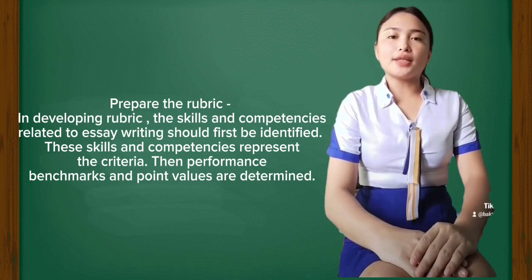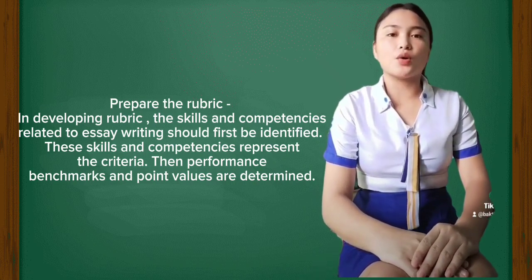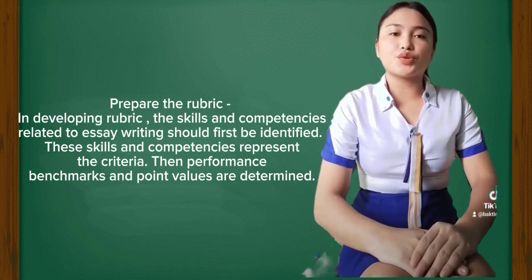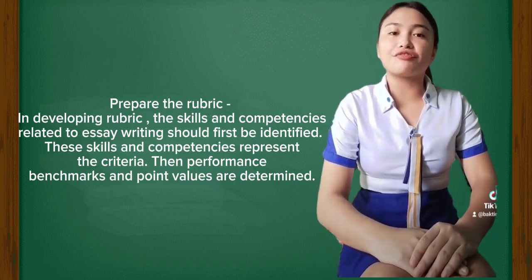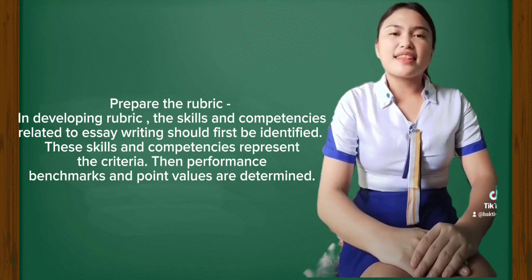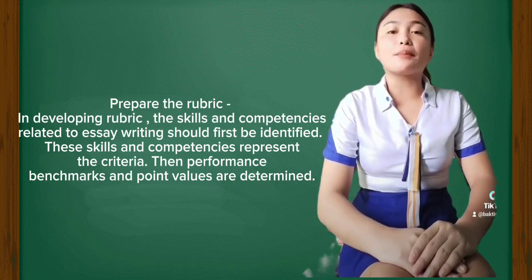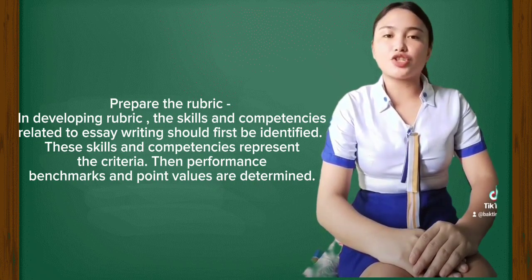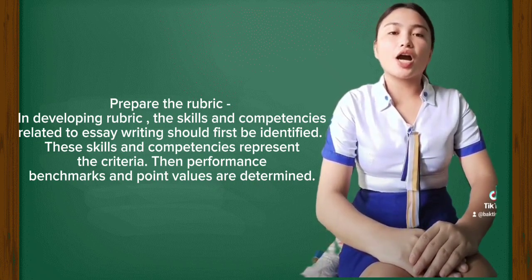So the third one, prepare the rubric. In developing a rubric, the skills and competencies related to essay writing should first be identified. These skills and competencies represent the criteria. Then performance benchmarks and point values are determined.